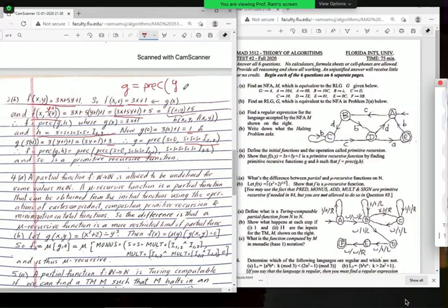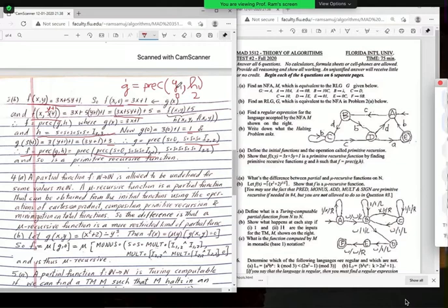Because F is the function like this, we already used G and H. But G was 3x plus 1, and that was not an initial function. How many variables is this? 1 variable. How many variables does this have to be? 0 variables. And how many does this have to be? 2, because this is always H1. I have to put H1 here, and a comma here. So your question was, I ended up getting this G1.